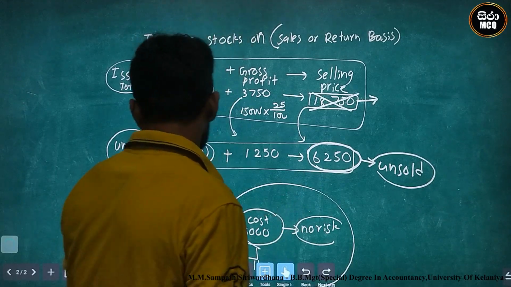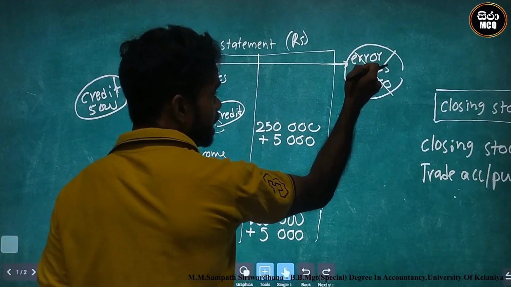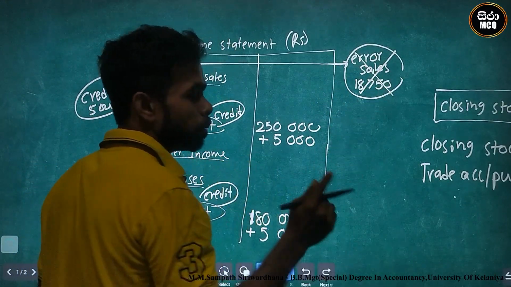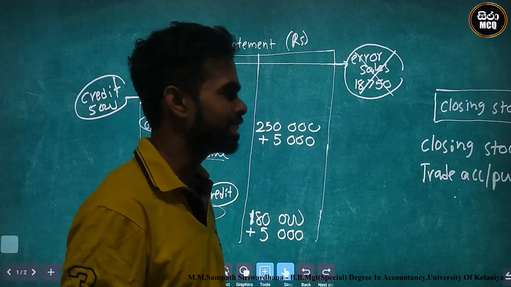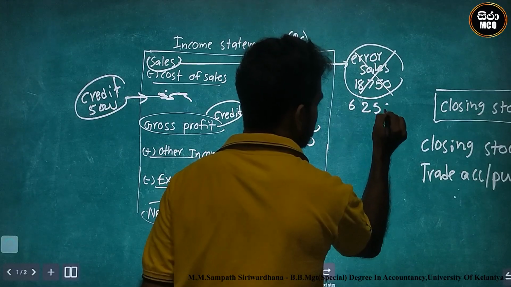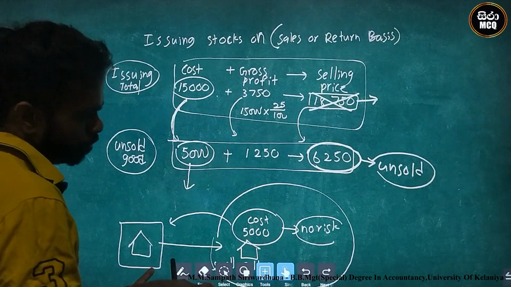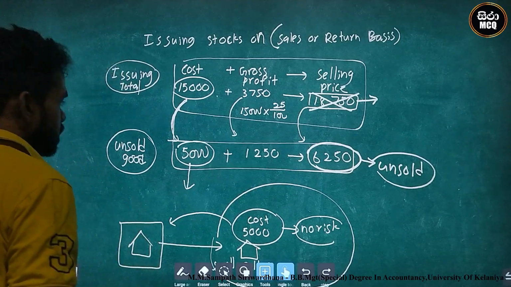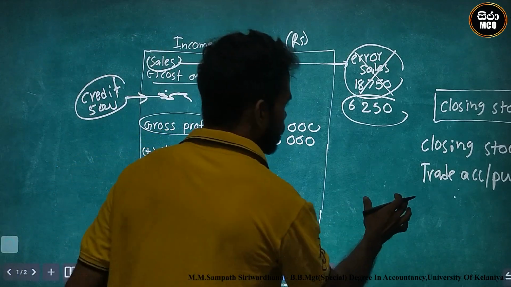Sales value. Why? Sales value is already identified 18,750, but unsold goods are there, 6,250. Okay, you must eliminate it. At this time, I eliminate it.